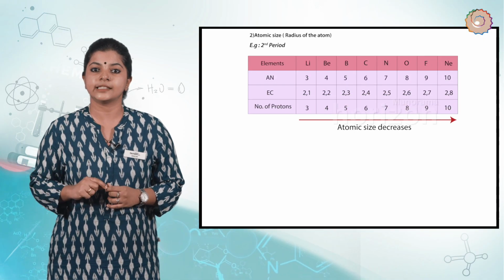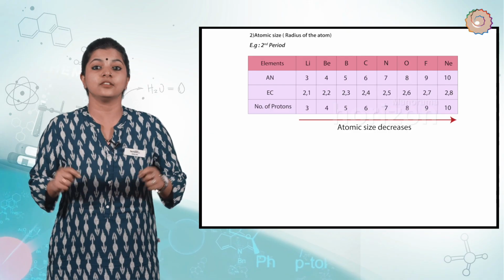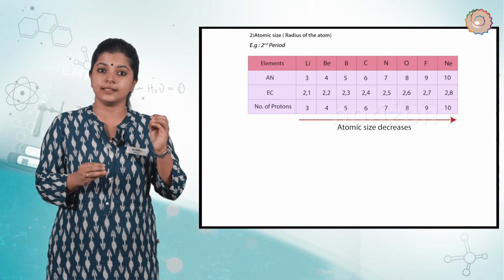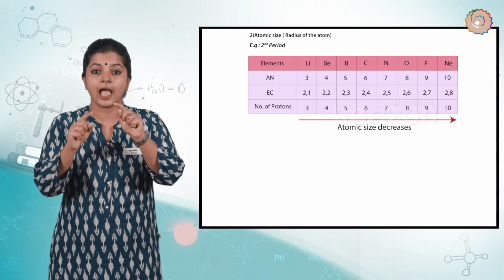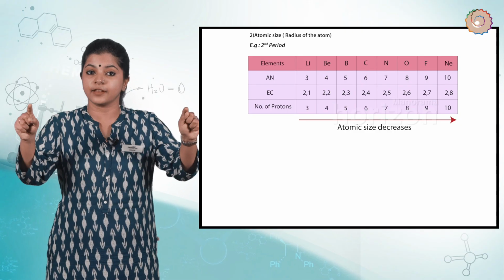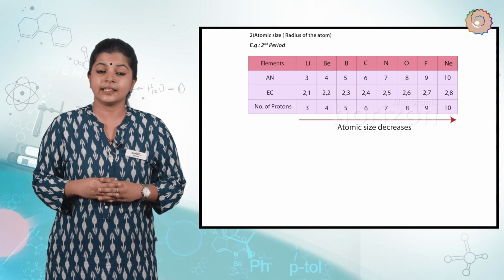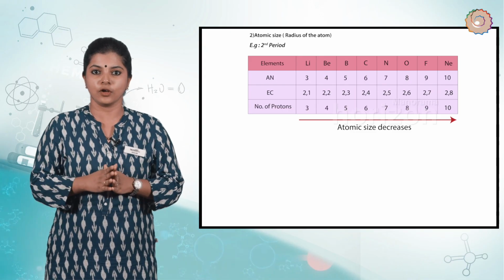Now coming to the second property, which is atomic size. The term atomic size refers to the radius of an atom. The atomic size may be visualized as the distance between the center of the nucleus and the outermost shell of an isolated atom. You will see that the atomic radius decreases in moving from left to right along a period.